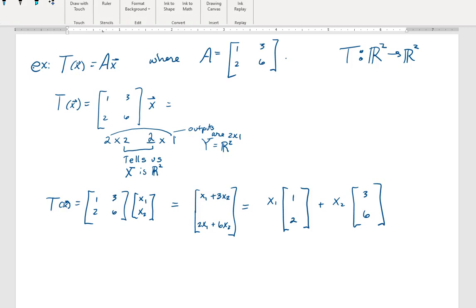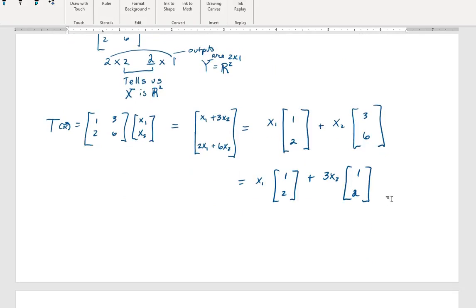We could bring a 3 out of this one. We could rewrite that as x1 plus 3x2.